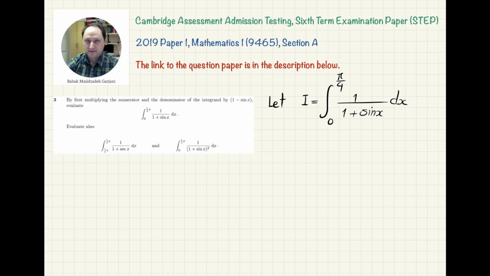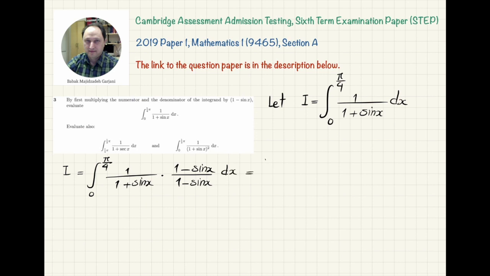To calculate I, as the problem mentions, we multiply the numerator and the denominator by 1 minus sine x, which is the conjugate of the denominator. So I multiply the fraction by 1 minus sine x divided by the same expression, 1 minus sine x.